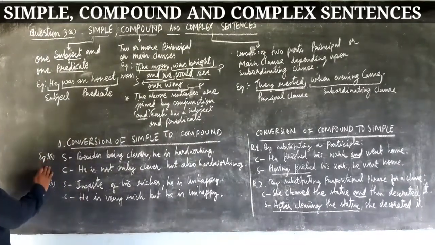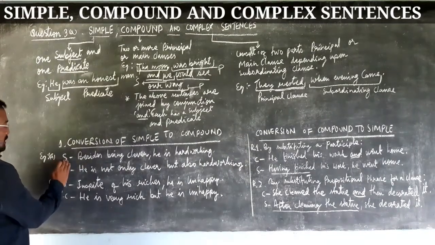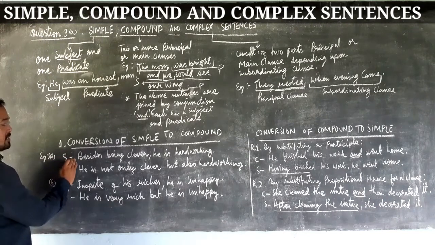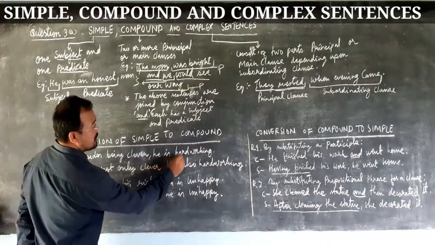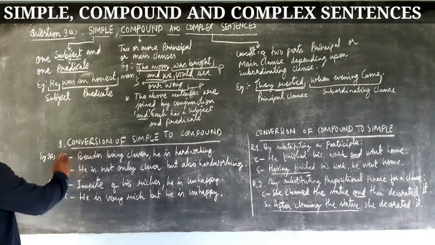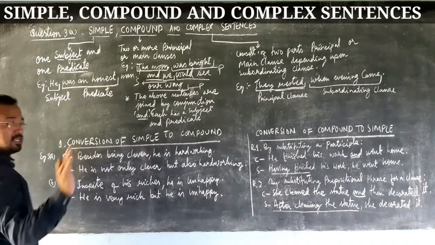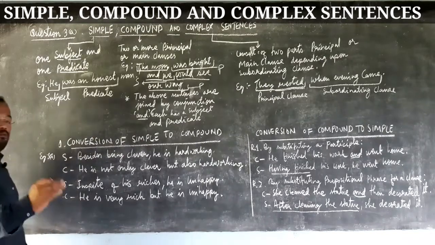Like example 1, you can see here, changing from simple to compound. The first one is a simple sentence: Besides being clever, he is hardworking. The meaning should not change when you transform the sentence from simple to compound or compound to simple.